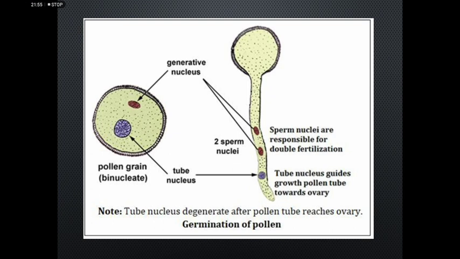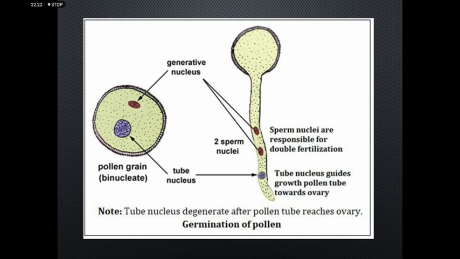When the pollen tube is produced, the tube nucleus guides growth of the pollen tube towards the ovary. That growth is controlled by chemotropism. That chemical is produced by the ovary, and through the passage, that means through the tube, the generative nucleus moves.